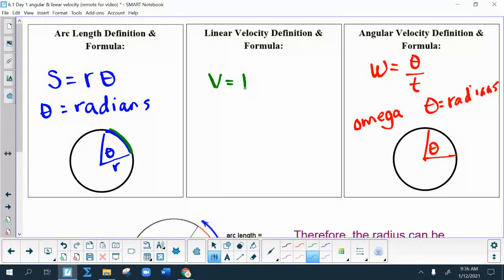The formula for this is R times omega. Here it's important to know that omega has to be in radians, but it is a velocity, so it has to be in radians per unit of time.